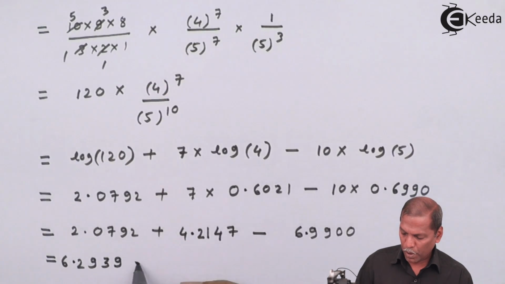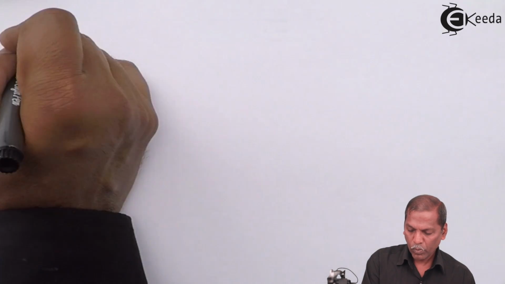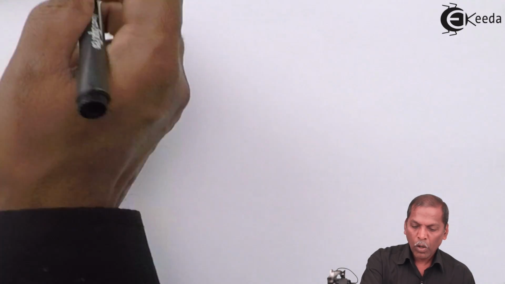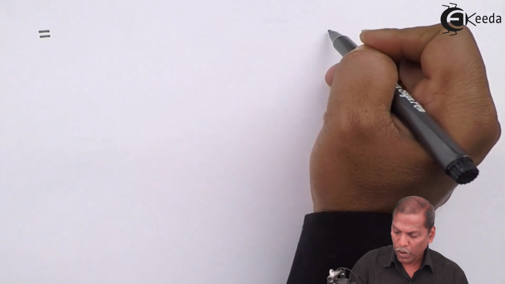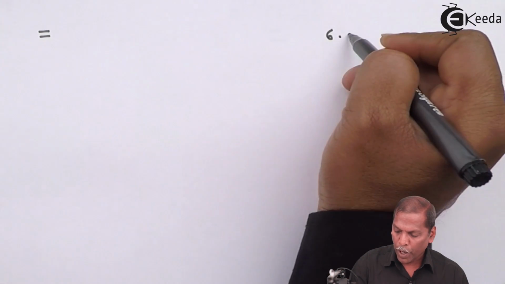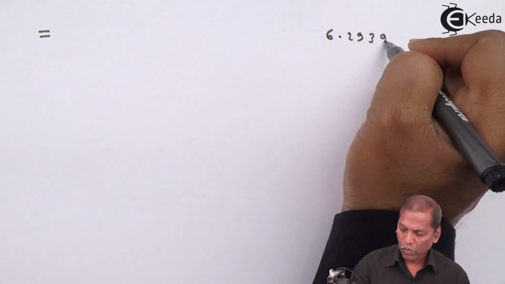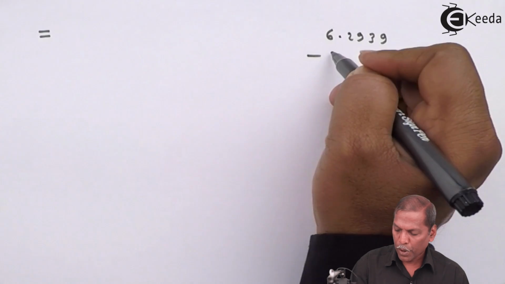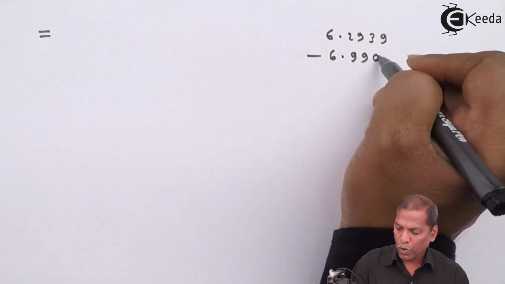Then minus 6.9900, we write as it is. So the next step will be 6.2939 minus 6.9900.